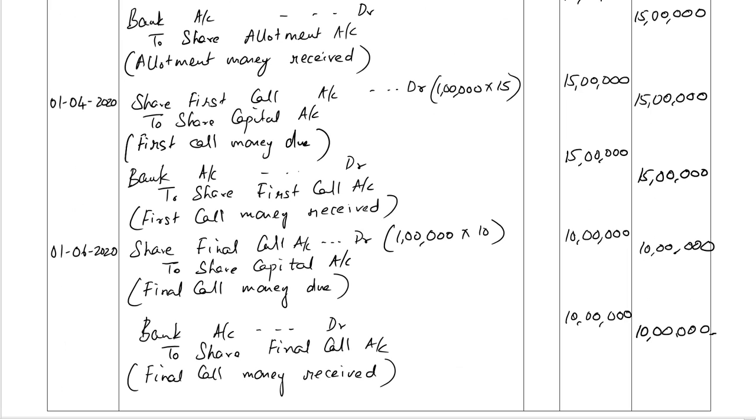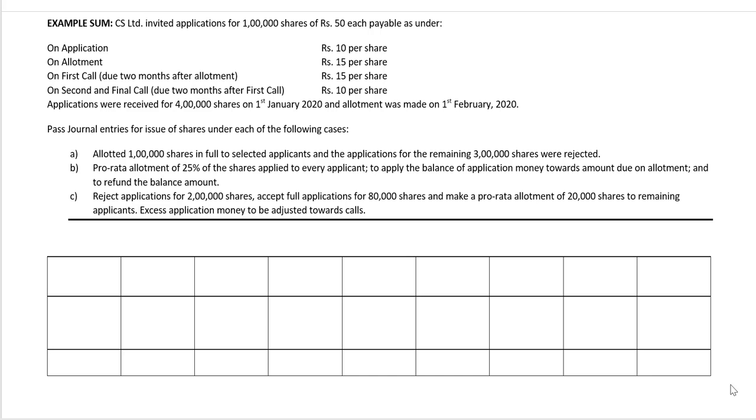And this is the second part of the journal entries. Let's go to case B.